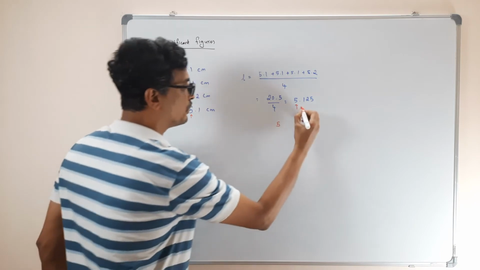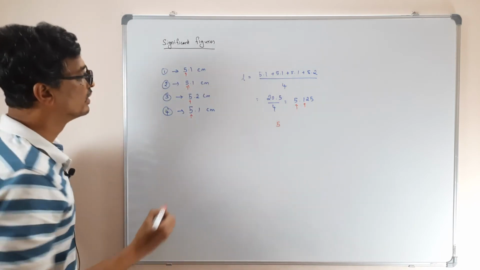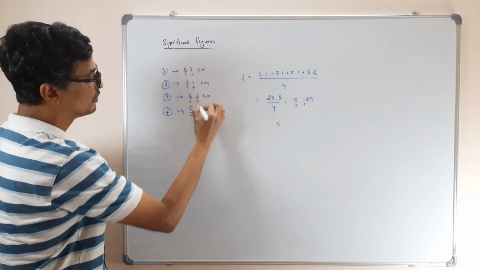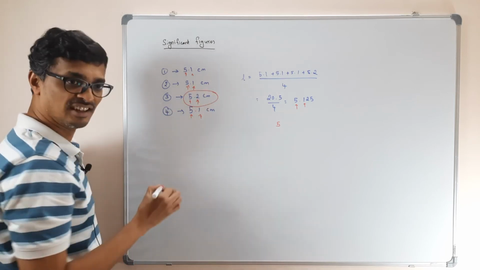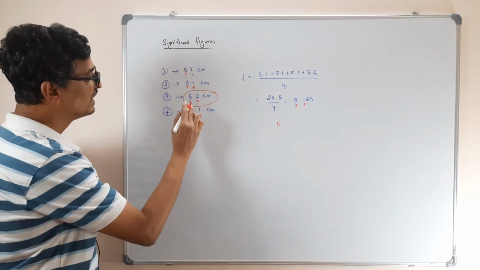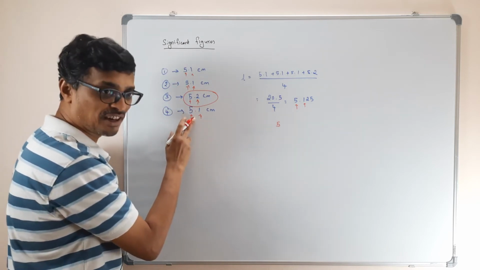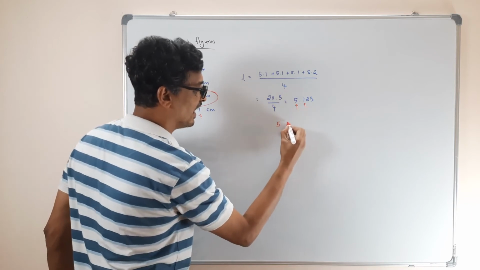Let us go for the next one, 1. Is it the same in all? No, because there is a difference. The moment I find a difference anywhere, I stop with that number. So the significant digits are 5 and 1.